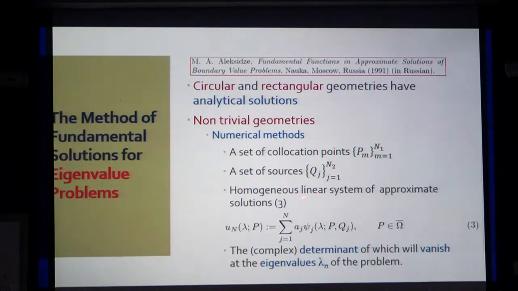The solutions form a homogeneous linear system of approximate solutions of equation 3, which was this form of the solutions. Then with this homogeneous linear system, its complex determinant will vanish at the eigenvalues of the problem. So it is very easy to deal with this method.